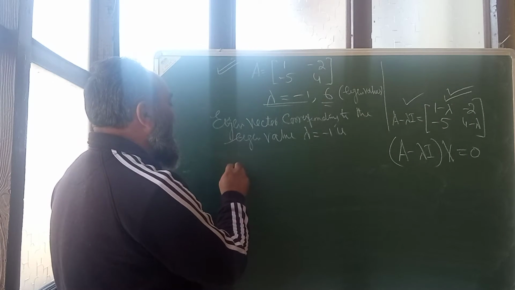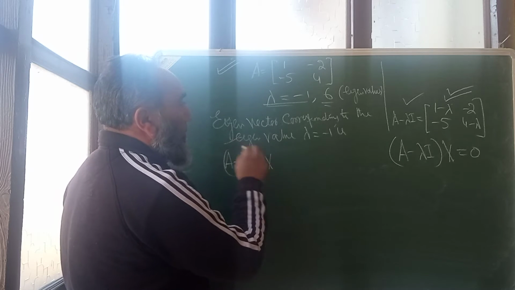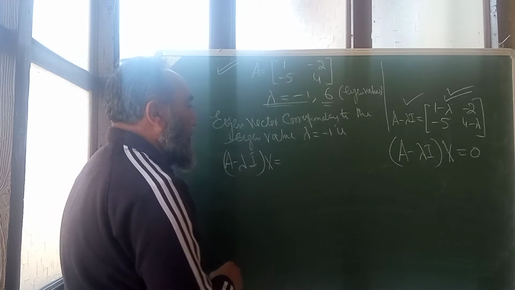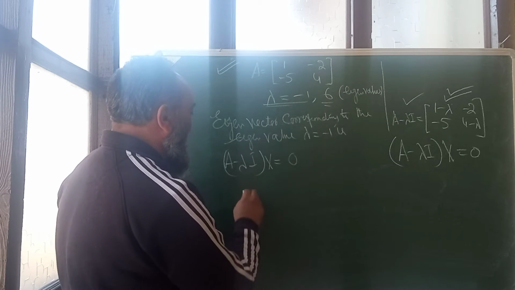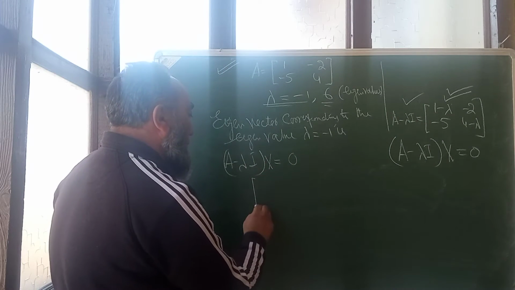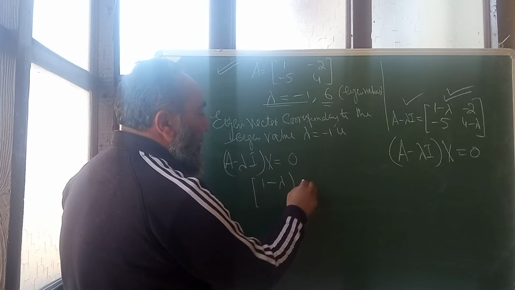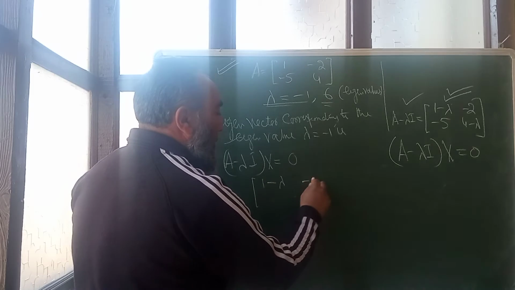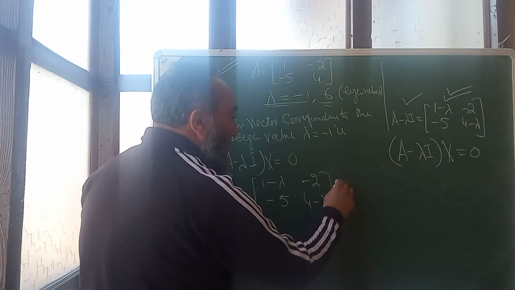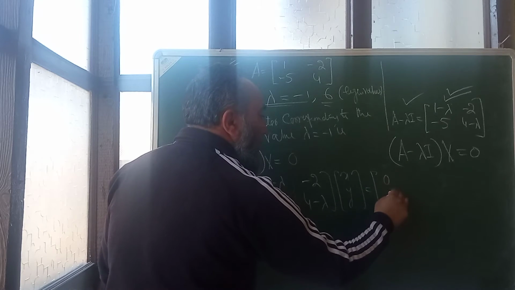So A minus lambda I into X is equal to 0, or A minus lambda I with matrix 1 minus lambda, minus 2, minus 5, 4 minus lambda, into x y equal to 0 0.